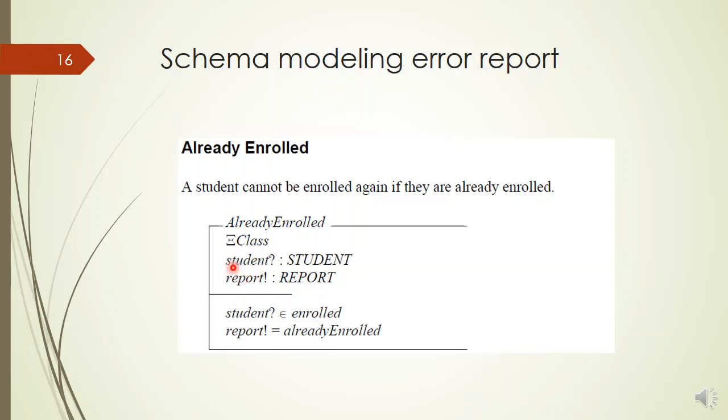The first variable is an input variable, which is a student to be enrolled, and the second variable is an output variable to get the message from that operation.